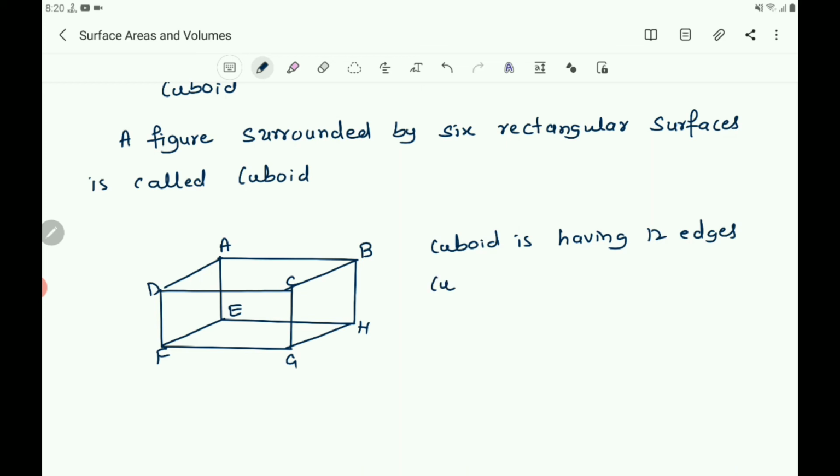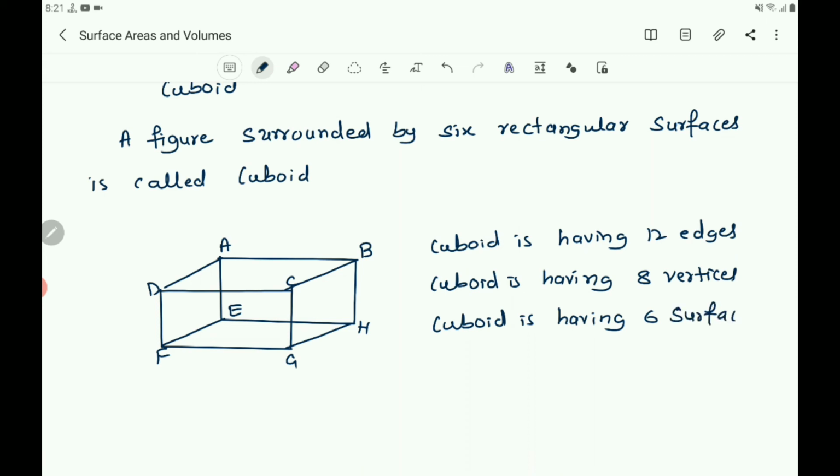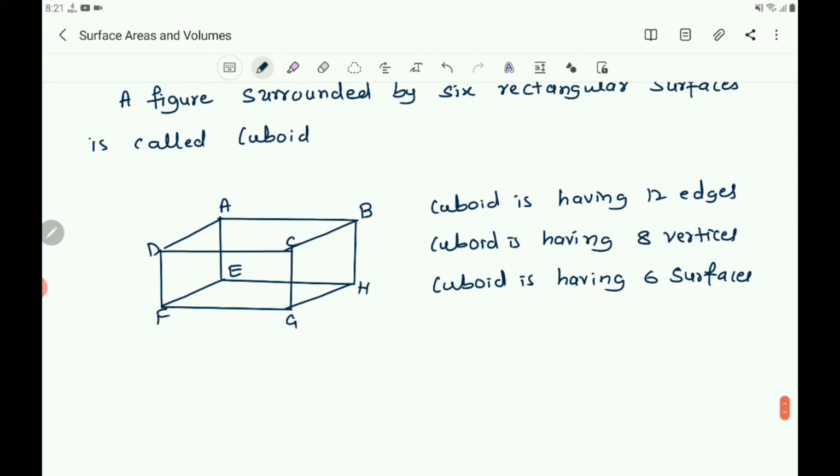So write, cuboid is having 8 vertices. And how many surfaces it is having? It is having 6 surfaces. Cuboid is having 6 surfaces.